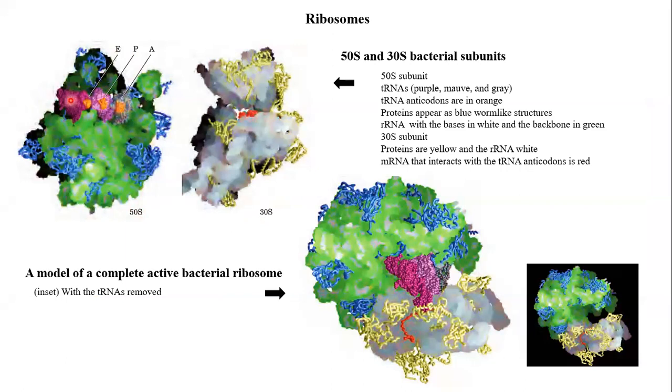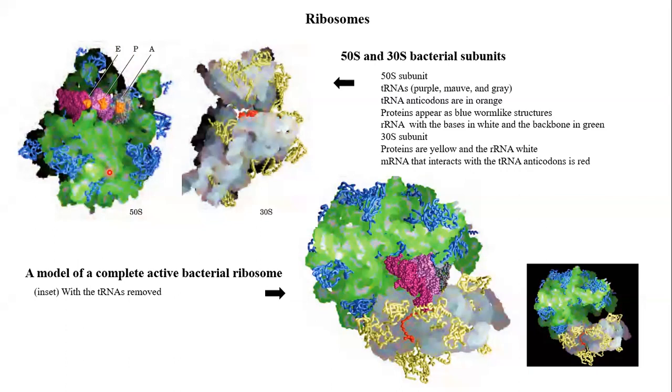And these three are transfer RNAs. See, purple, mauve and gray. These colors show three transfer RNAs in their respective sites, and this orange one is the anticodon of the transfer RNA.